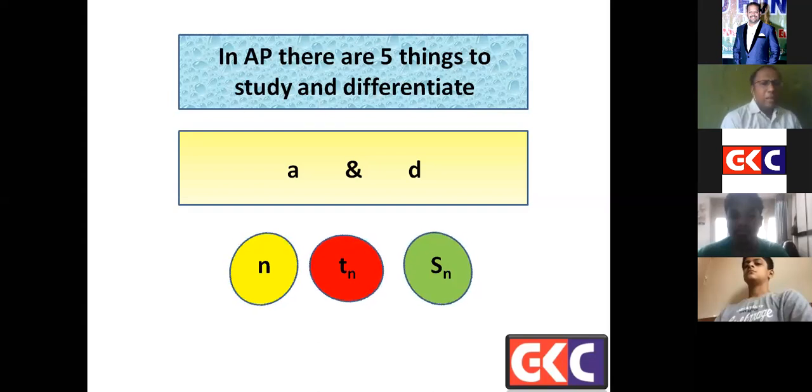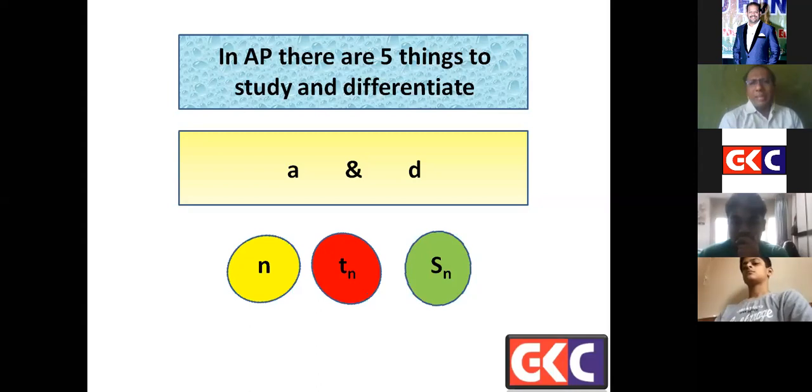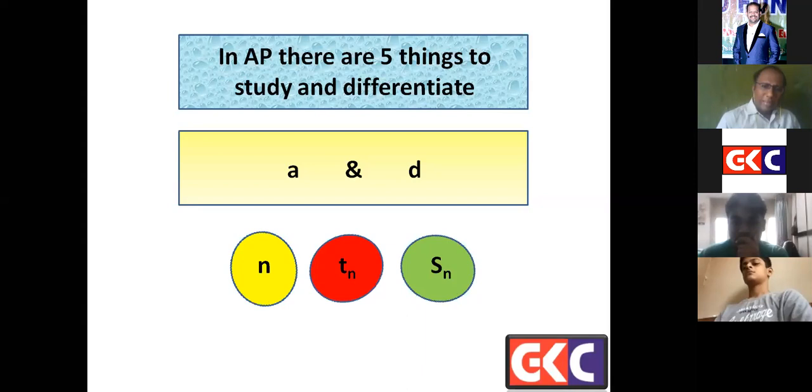There is not much confusion on Sn; we know Sn is the sum of all the terms. The confusion is between N and Tn. N कब होता है, Tn कब होता है, शायद अभी भी confusion आ रहा है, right? So let us take an example to understand this N and Tn concept carefully.